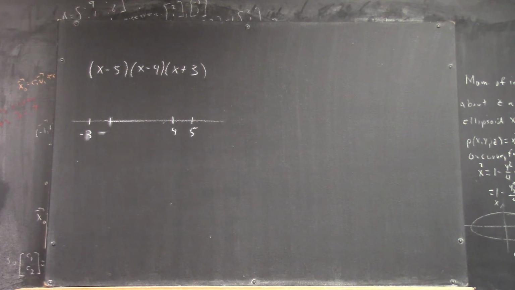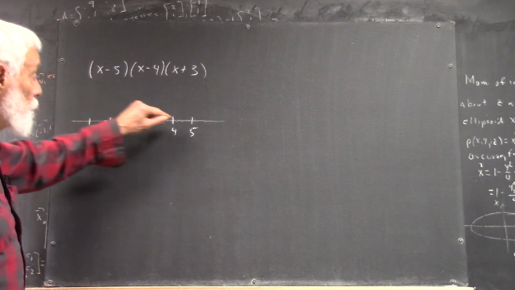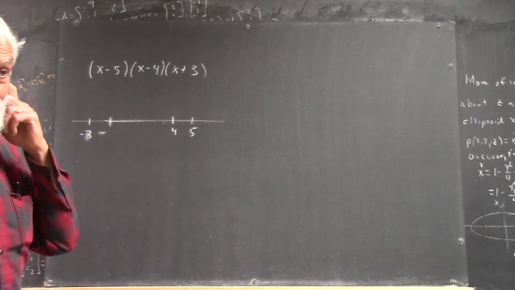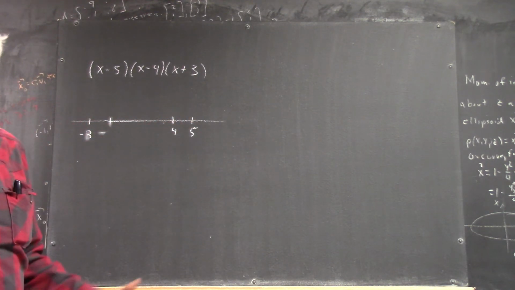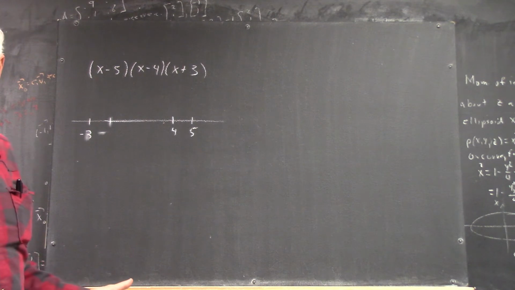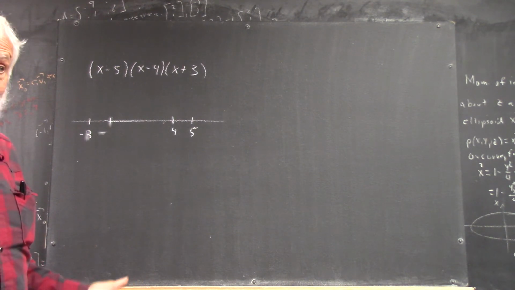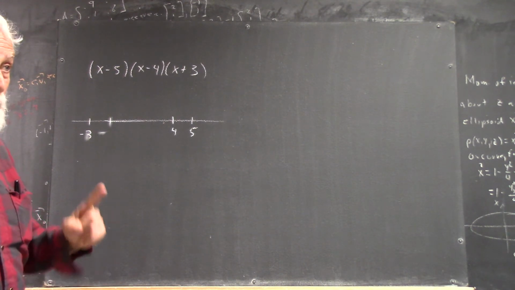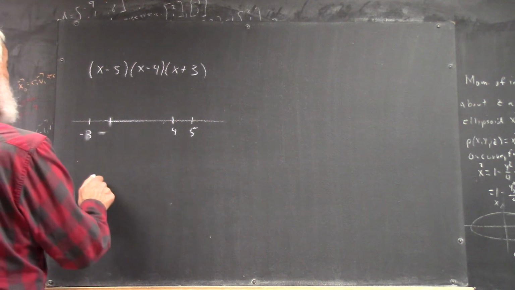Okay? Now, a couple of things. This means the graph has to go through this point, and this point. Okay? And not everybody's graph did that. Most did, but not all. Okay? That's one point. Graph goes through all the points.